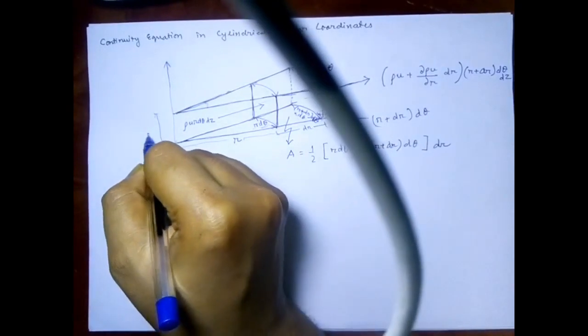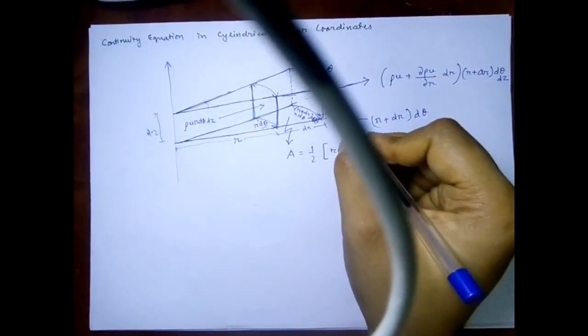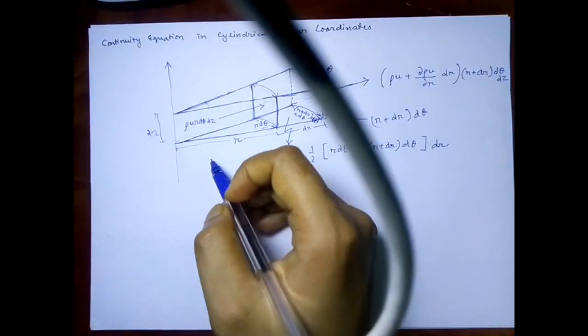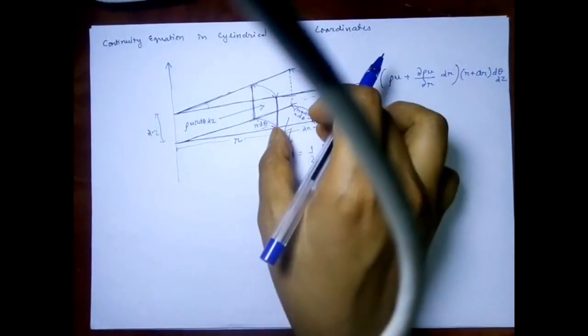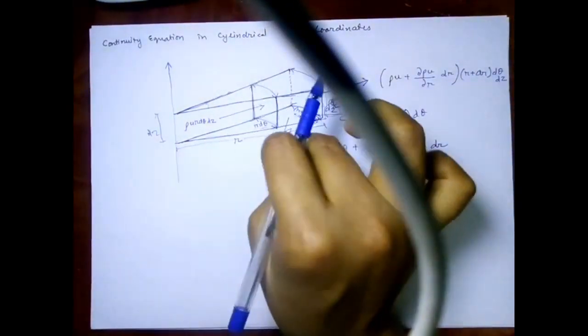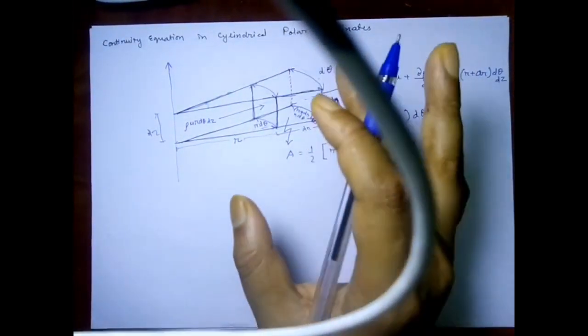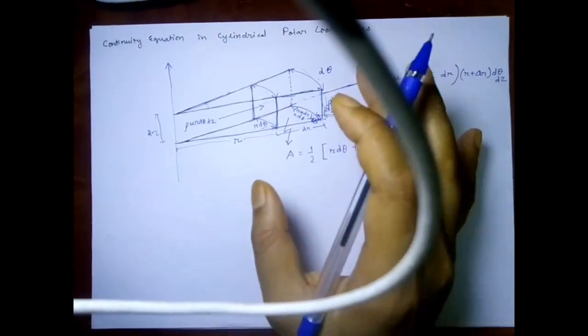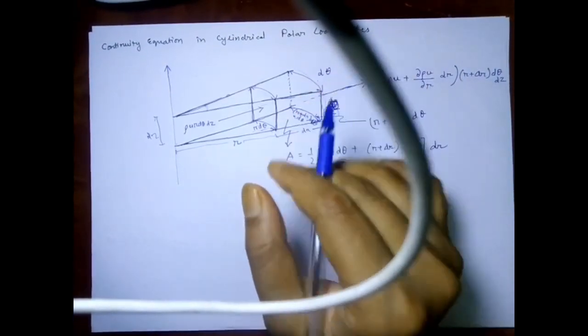This area times velocity, multiplied with density, will give us the mass flow rate.